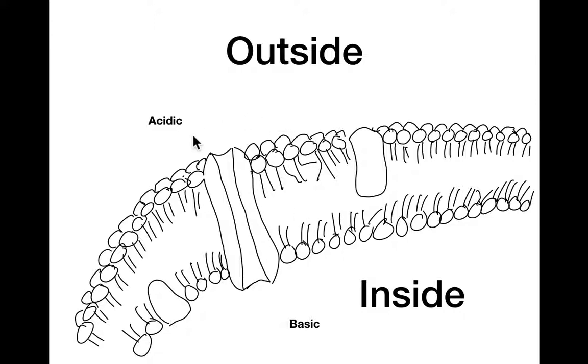You can have a situation where the outside of the cell might be acidic and the inside of the cell might be basic. This is really important for some of our chemistry and our reactions, what we can accomplish outside of the cell versus inside of the cell, and that whole concept of compartmentalization, which happens in cells and in bodies of all organisms.